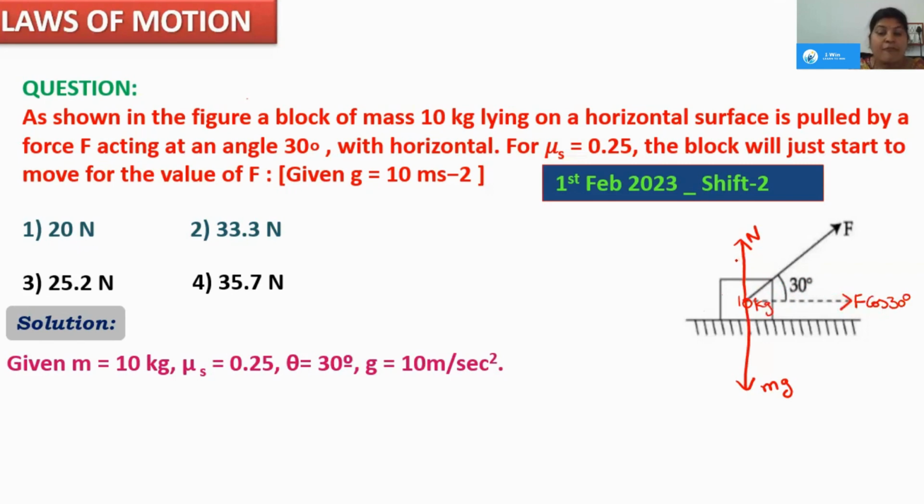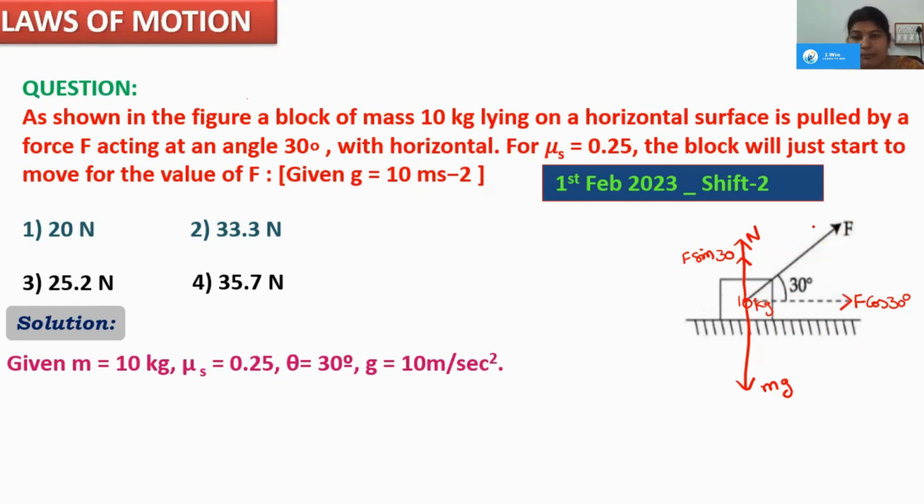The other is its vertical component, which acts along this direction. Its value is F sin 30. So we resolve F into horizontal and vertical components.